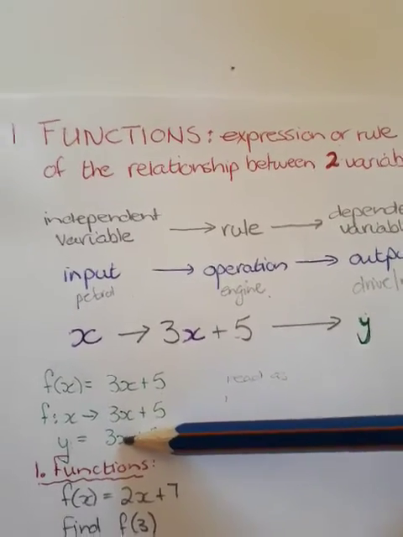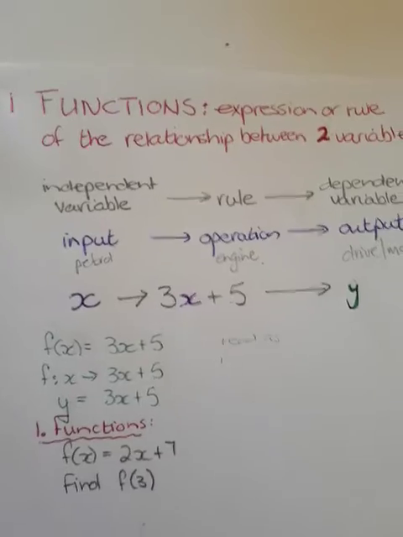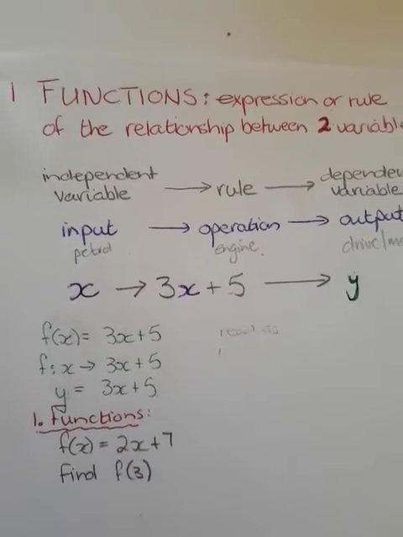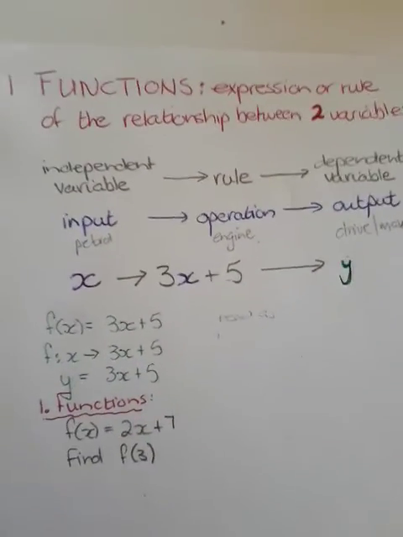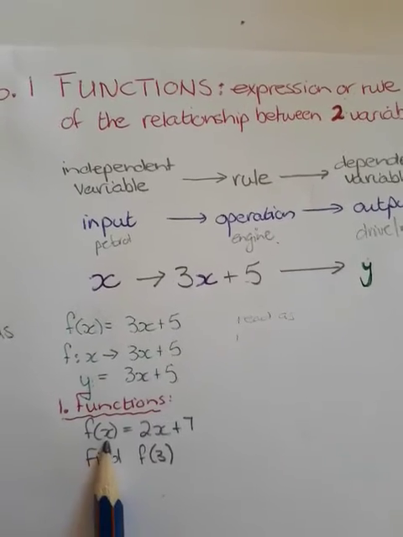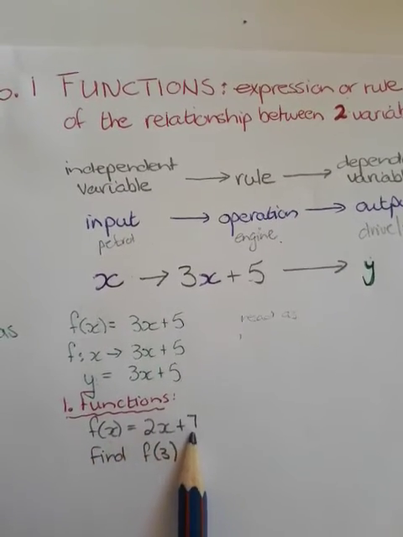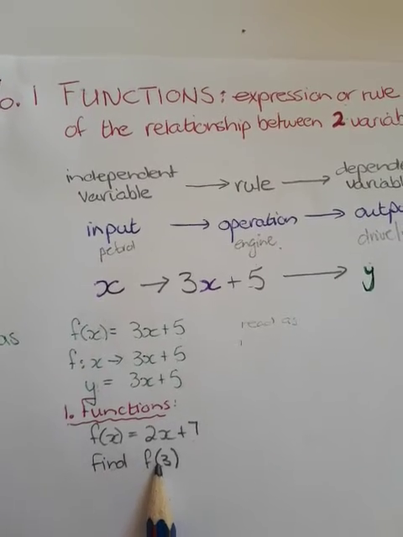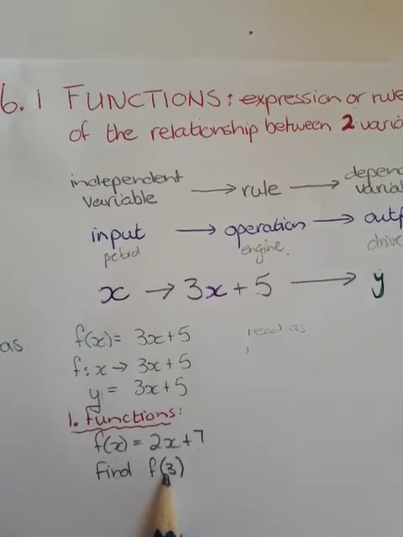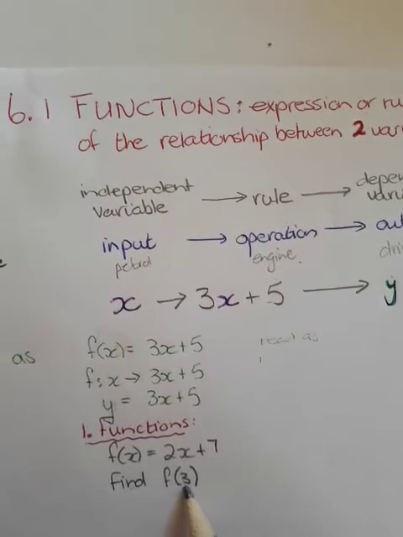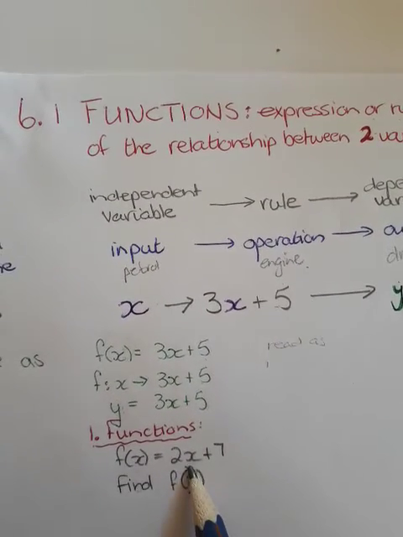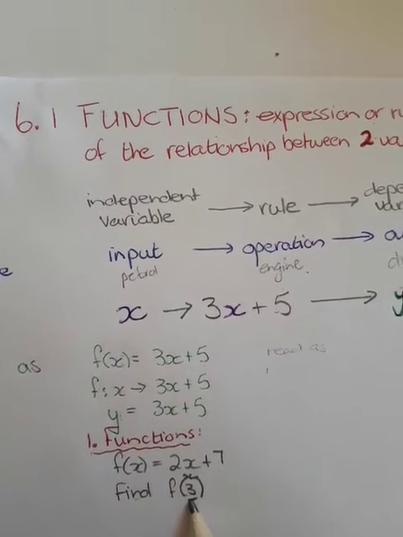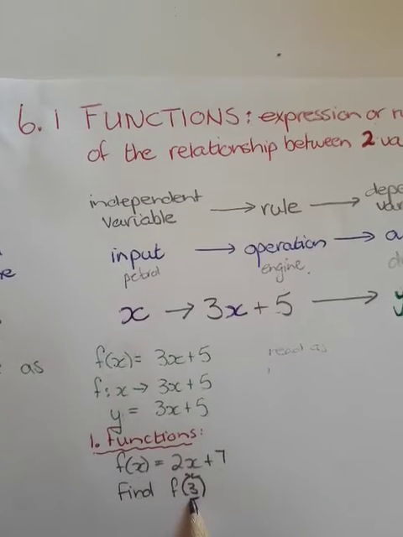Now this sounds very complicated, but let's look at an example and then you will find that it is really easy. They give us the function f of x, which is 2x plus 7, and they say you must find f of 3. Now this 3 stands in the place of the x. So they tell you that the value of x is 3.